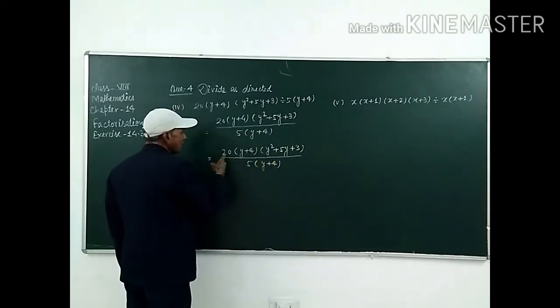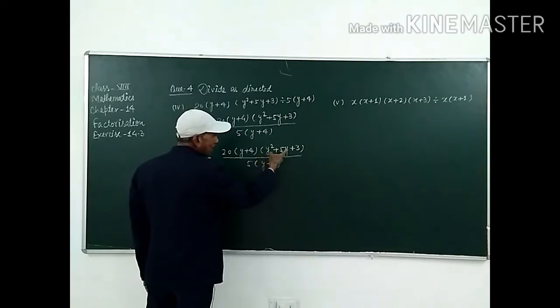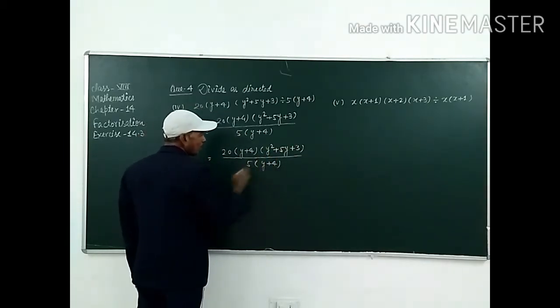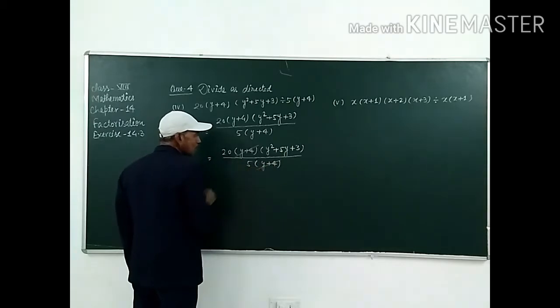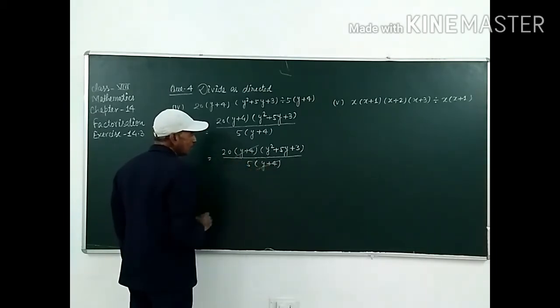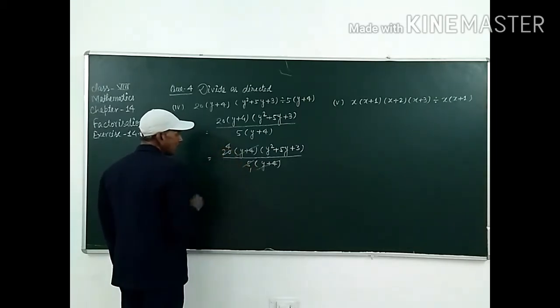So, student, there is a sign of multiplication, that is 20 into y plus 4 into y square plus 5y plus 3 and this one 5 into y plus 4. So this y plus 4 will be divisible by this y plus 4 because it is numerator and it is denominator. Now, 5 ones are 5 and 5 fours are 20.